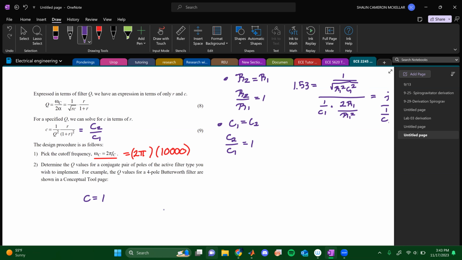And that's equal to 1 over 1.53 squared times, we'll say that R equals 1 as well. So that would be 1 over 1 plus 1 squared, so 1 over 4.